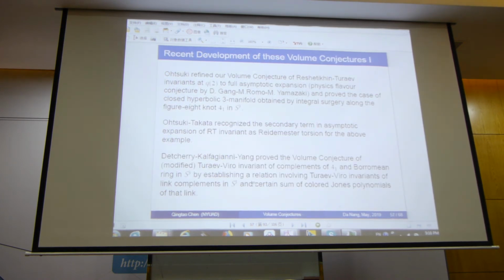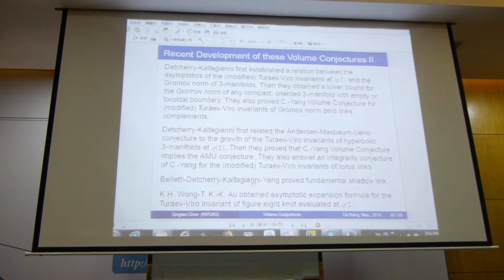Before I introduce Qingtao Chen, here is some recent result. I think Yang has already given some account of this part, so I can skip it, because I only have 5 minutes.